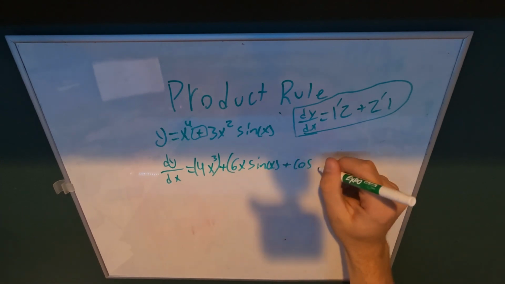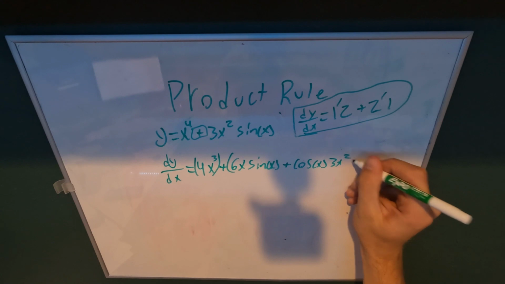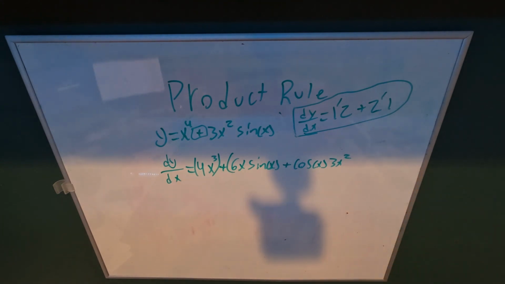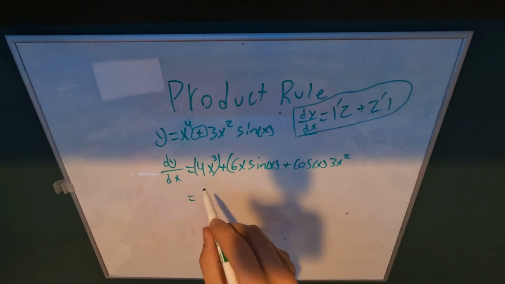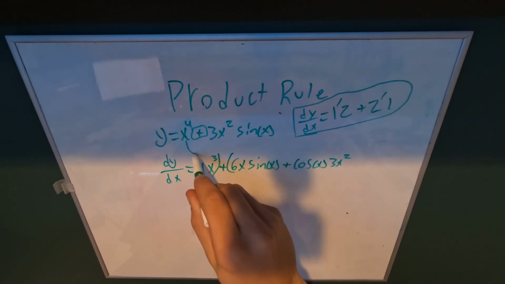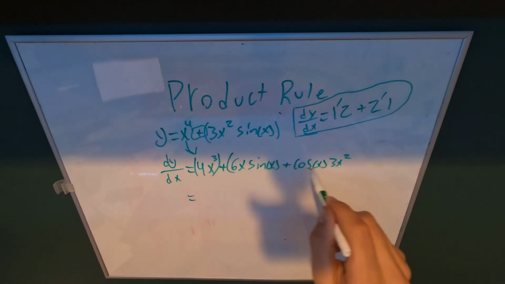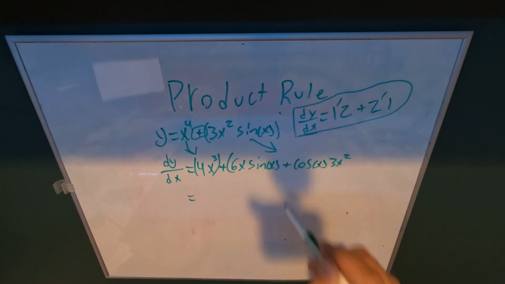Now we're going to do the derivative of the second, which is cosine of x times the first, so 3x squared. So we got that, which is the derivative of that, and then we got that, which is the derivative of that.